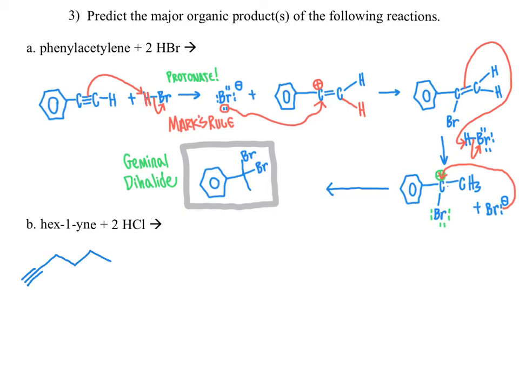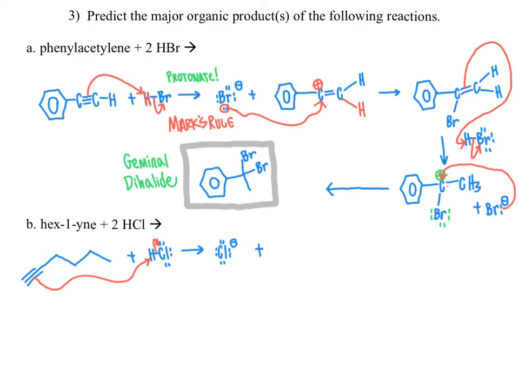So we have our 6-carbon chain, and we're reacting with HCl. Pi bond comes over, forms a covalent bond to the proton. Bond between H and Cl breaks. So we have our chloride anion.